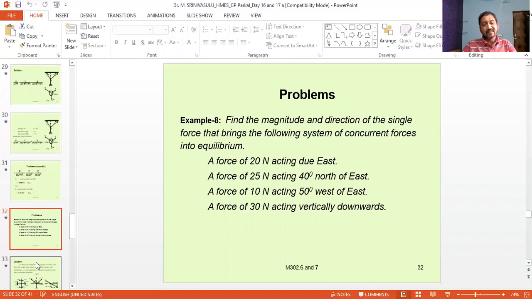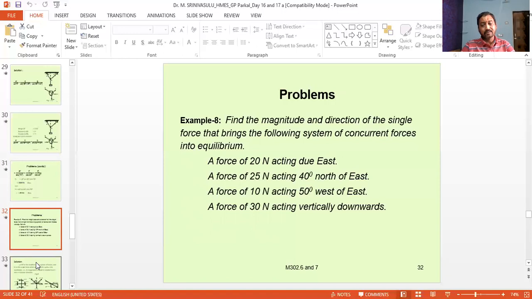North means acting vertically upwards, south means acting vertically downwards, west means acting horizontally leftwards, east means acting horizontally rightwards. So north, south, west, east will act along the x and y axes, and sometimes the force may be given like this, and in that case we are supposed to find the magnitude and direction of the given force system.